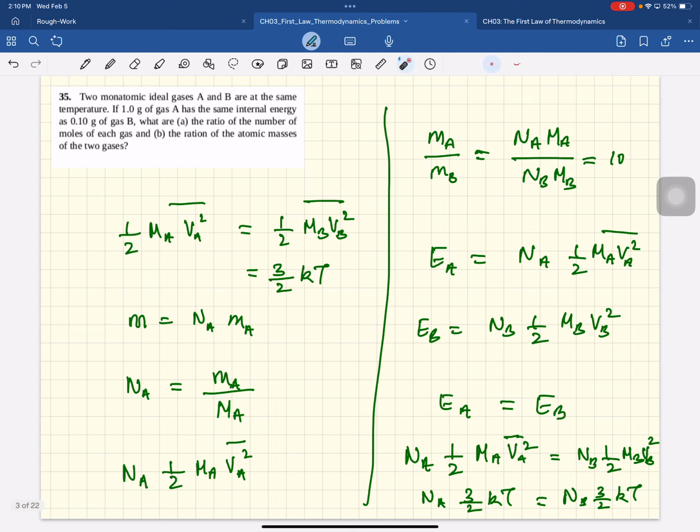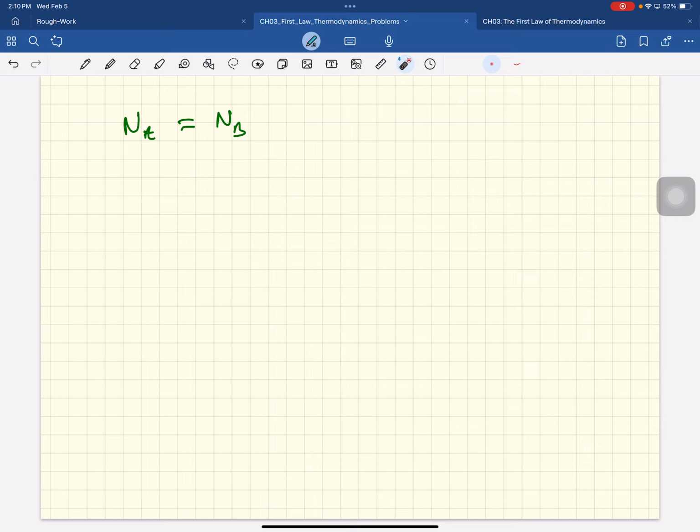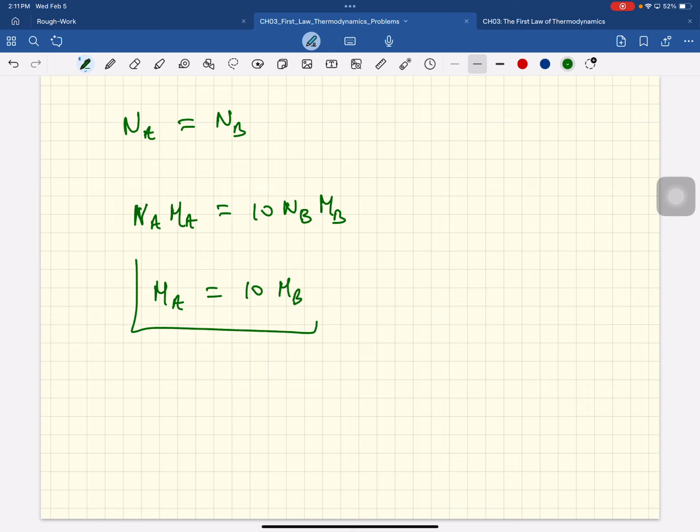So 10 times the mass of gas A has the same number of molecules as 1 gram... the same as 0.1 gram of B. So N_A times mass of A equals N_B times mass of B equals 10 times N_B mass of B. So each atom of A is 10 times as massive as B. That's what that means.